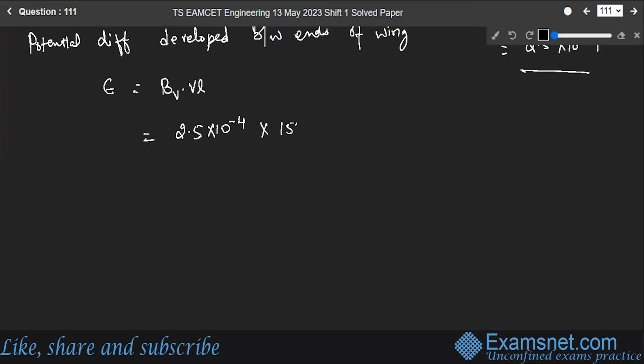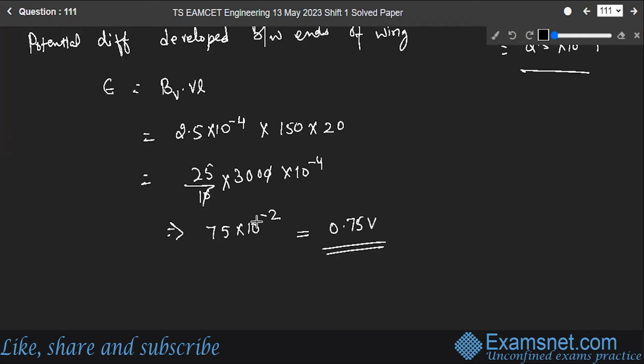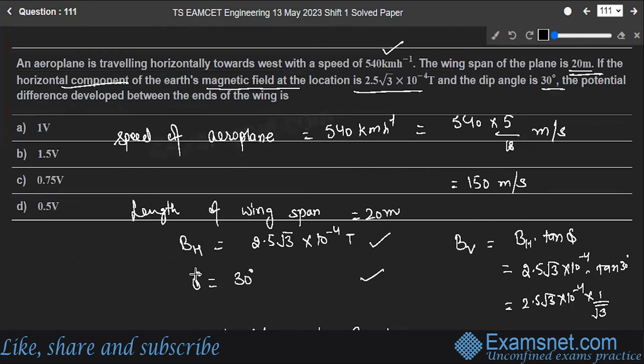Speed is 150, we just calculated, and the length was equal to 20. So let's solve this whole thing. This will be equal to 75 into 10 raised to power minus 2, or this will be equal to 0.7 volt. That makes option C the correct answer. Hope you got that. Let's move to the next question now.